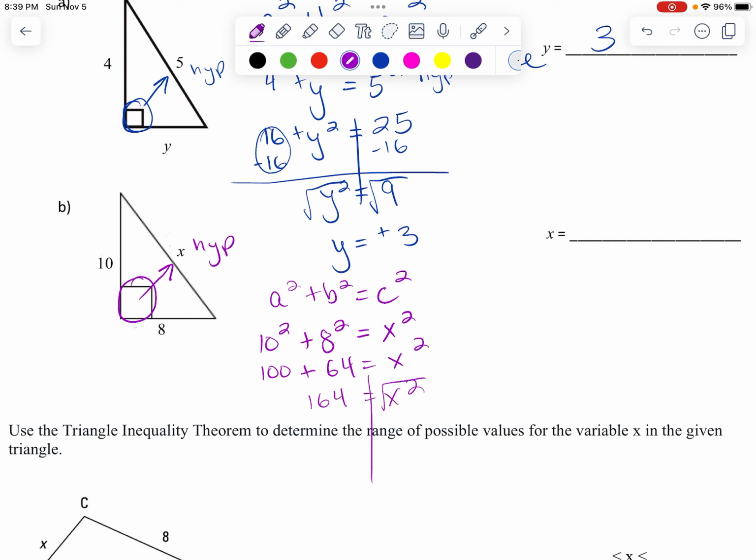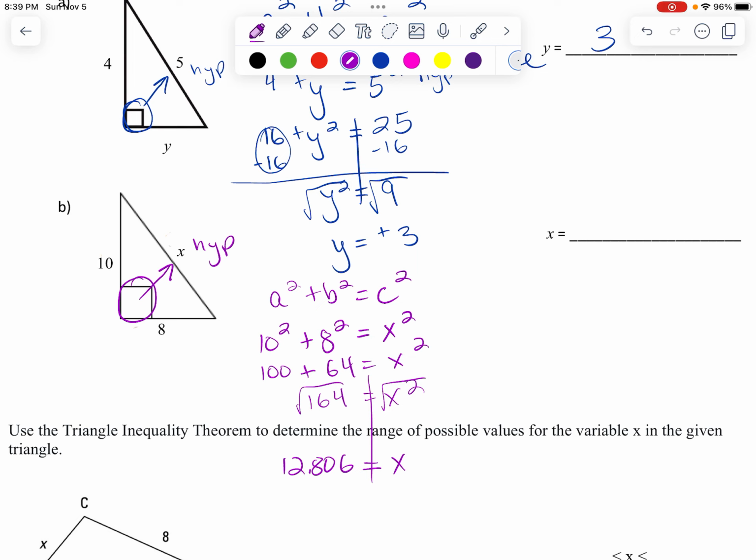Then we need to square root both sides. Now I don't know the square root of 164 off the top of my head, so we're going to have to use a calculator. So let's see, the square root of 164 is going to be about 12.806.